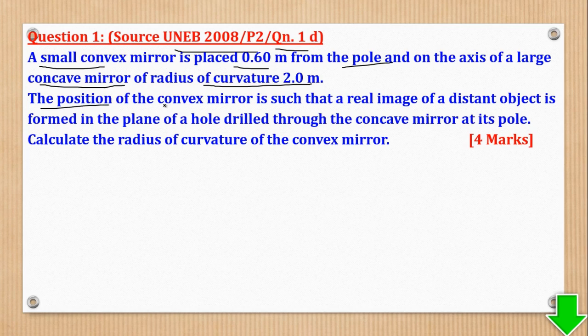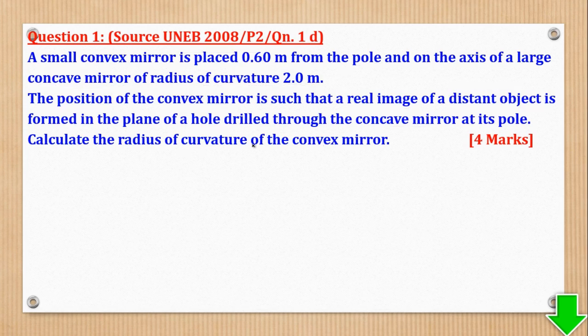The position of the convex mirror is such that a real image, note this word, real image, of a distant object, note this word, distant, is formed in the plane of a hole drilled through the concave mirror at its pole. Calculate the radius of curvature of the convex mirror.